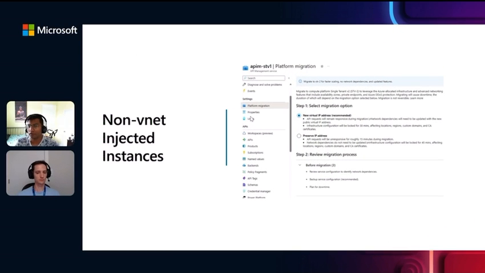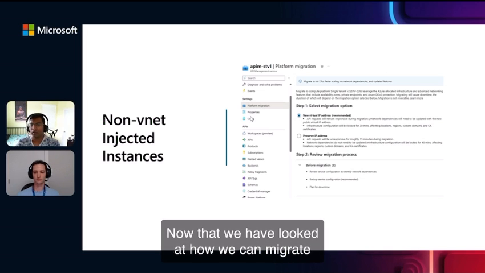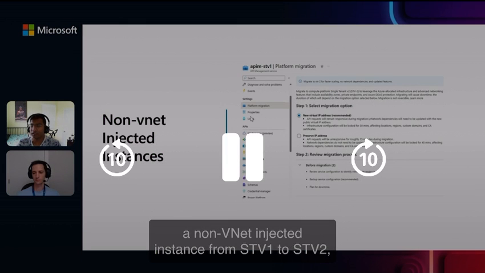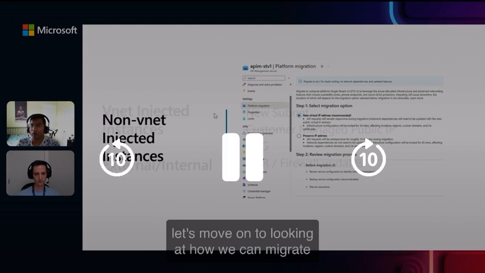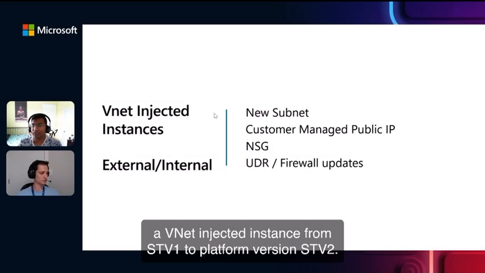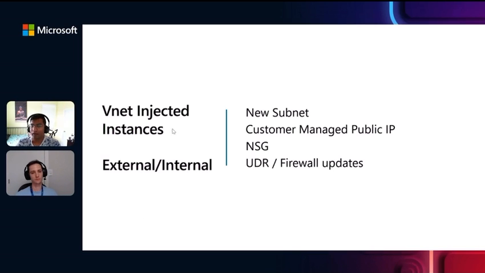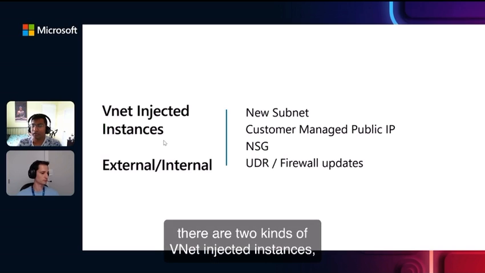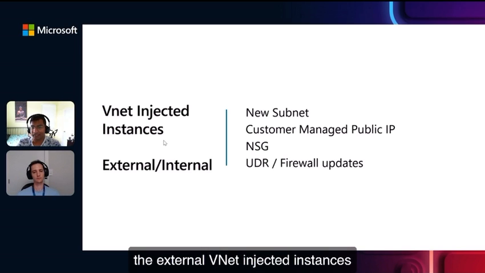Thanks, Andre. Now that we have looked at how we can migrate a non-VNet injected instance from STV1 to STV2, let's move on to how we can migrate a VNet injected instance from STV1 to platform version STV2. Like we said earlier, there are two kinds of VNet injected instances, external and internal.